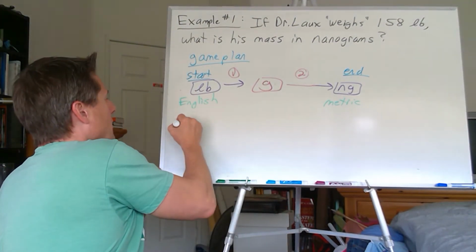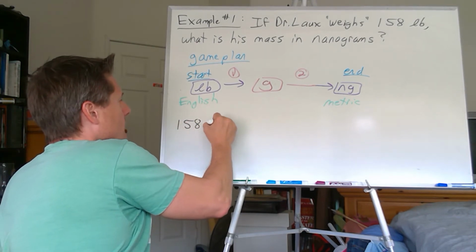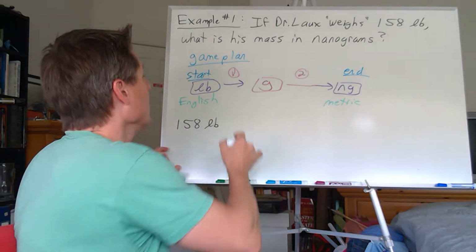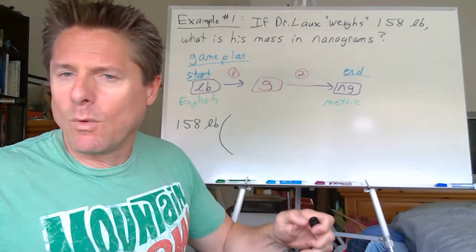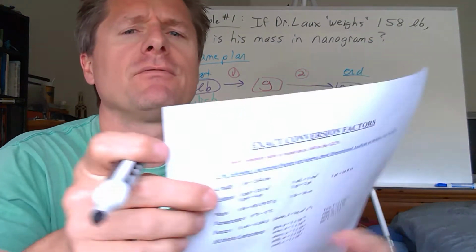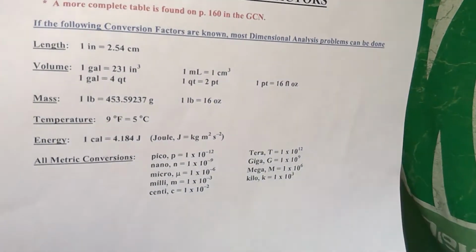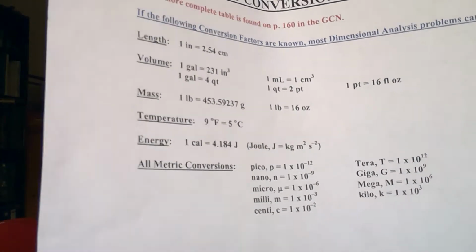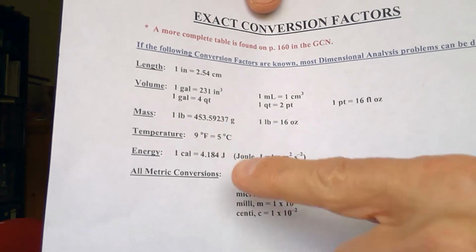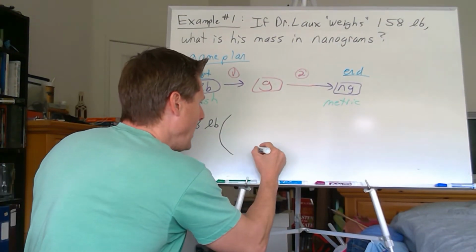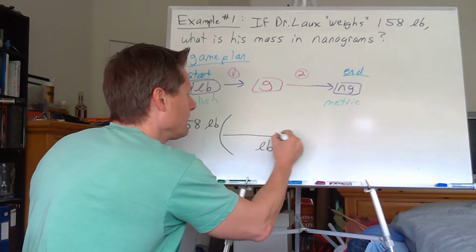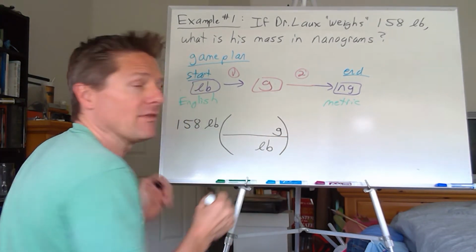So let's take our number, 158 pounds. Let's pop a conversion factor in there. You ready? So what was that number? 453.59237? Is that it? You'll memorize it after you use it 1,000 billion times. 453.59237. Yay! Now notice pounds are here, so I want pounds in the bottom and grams on the top there.